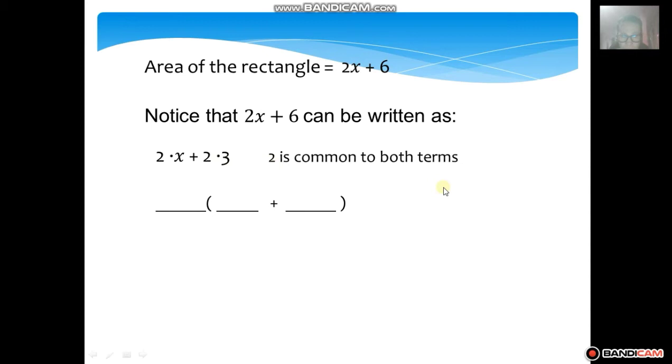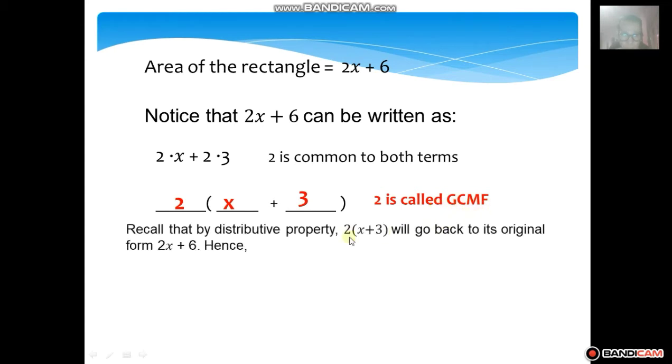in both terms. Now, in this format, we will isolate the common factor, which is 2. Then, the other factor will be written inside the parentheses. So, these are now the factors of the given area of the rectangle. And 2 is called the greatest common monomial factor.